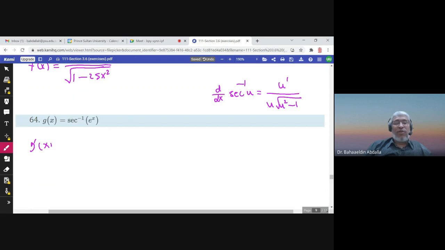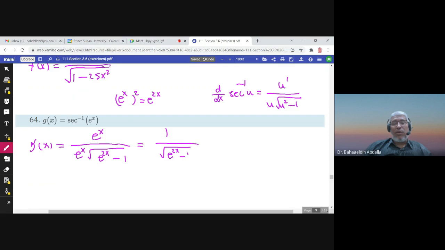G prime of x would be 1 over u, which is e to the power x, times e to the power x squared, which is e to the power 2x. Okay, because you multiply the powers. Minus 1 to the power 2, u prime, which is ex. Cancel ex with ex, and the final answer would be this one.